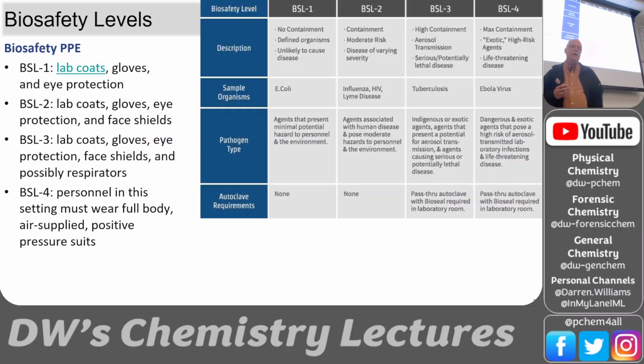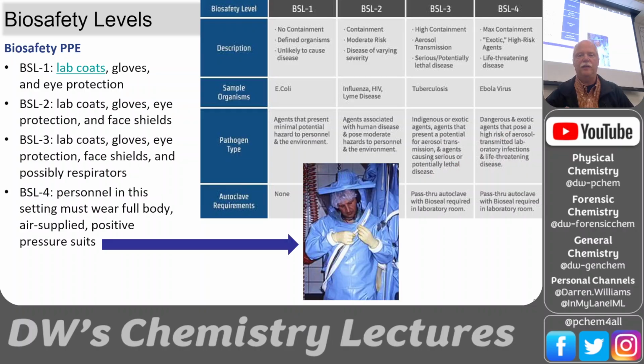In dealing with these things in the lab, we have different biosafety levels. There's biosafety level 2 hoods in labs and in biology and so on that can handle infectious diseases that have a moderate risk. But when you get up to diseases that can cause death or exotic high risk pathogens, then we have to suit up in a completely sealed system with positive pressure suits, so your suit is pushing out pressurized air, so nothing can get sucked in.